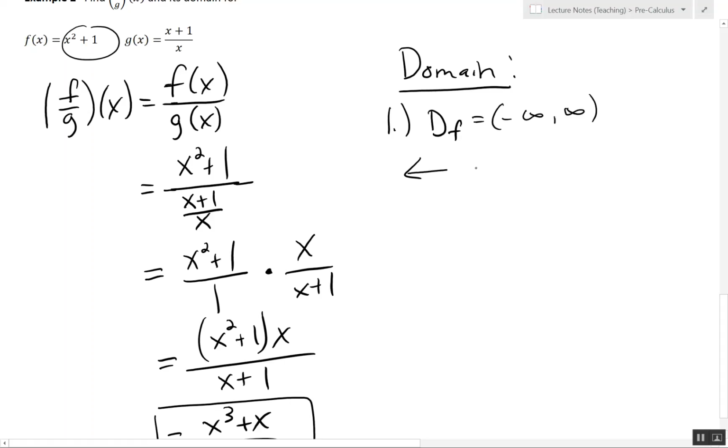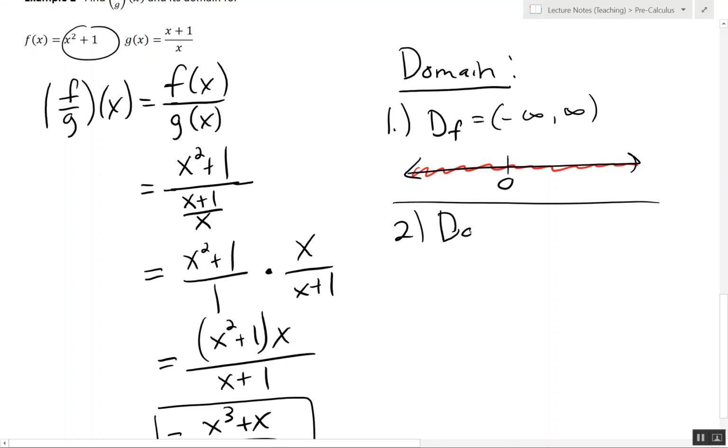So if we draw the real number line, we get everything. So step 2 is to find the domain of g. Well, the domain of g is anything that makes the denominator not equal to 0, so set the denominator equal to 0.